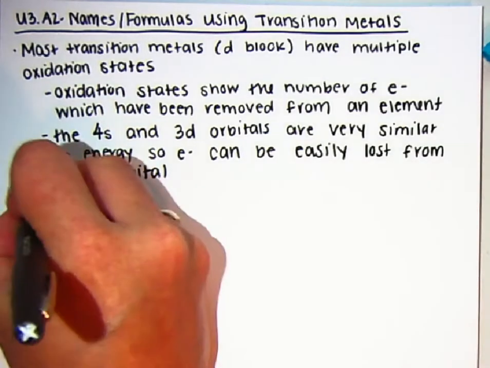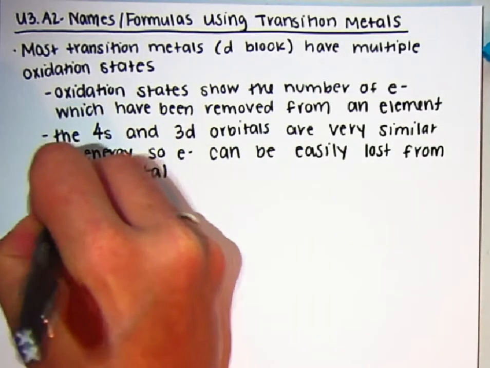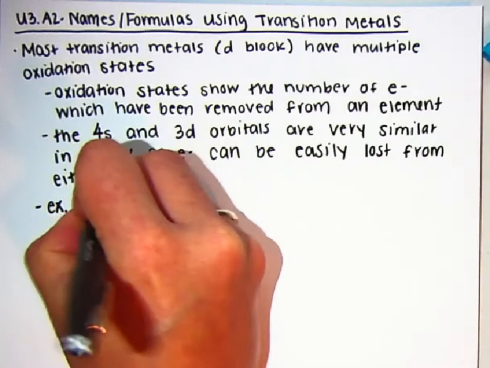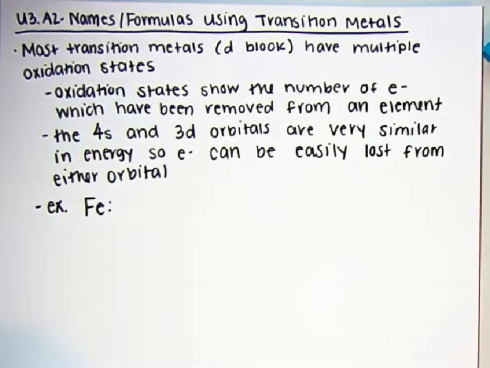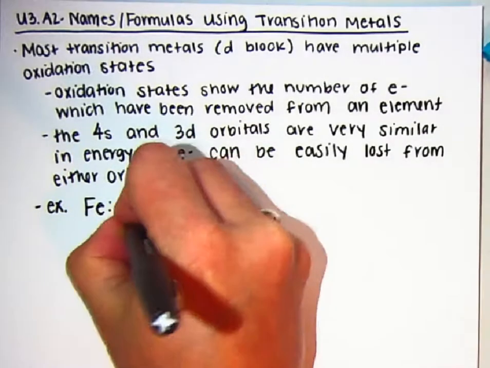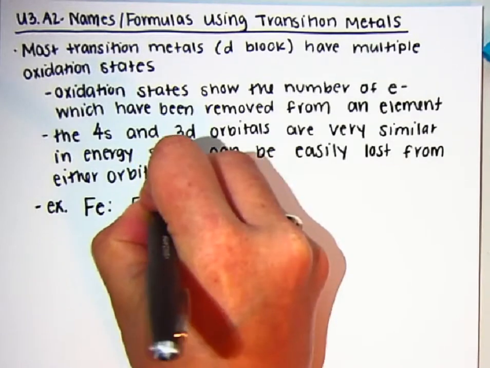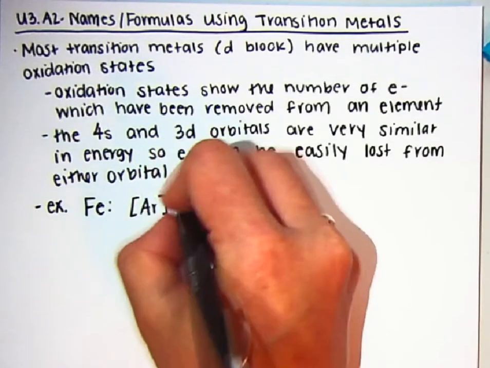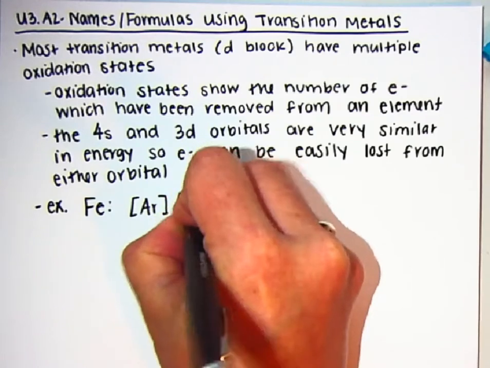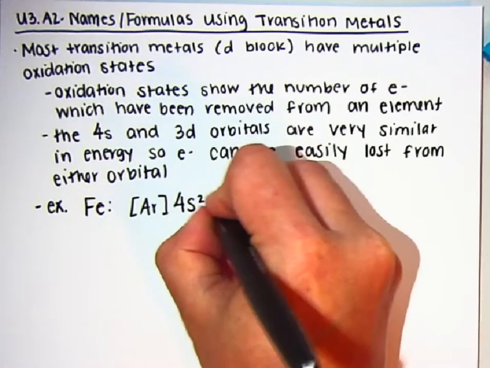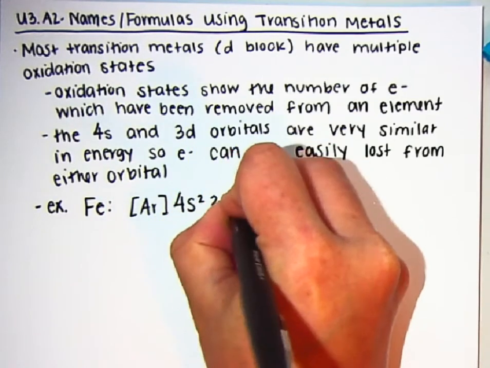So let's look at the electron configuration for an iron atom. Using our noble gas notation, it would be argon, 4s2, 3d6.